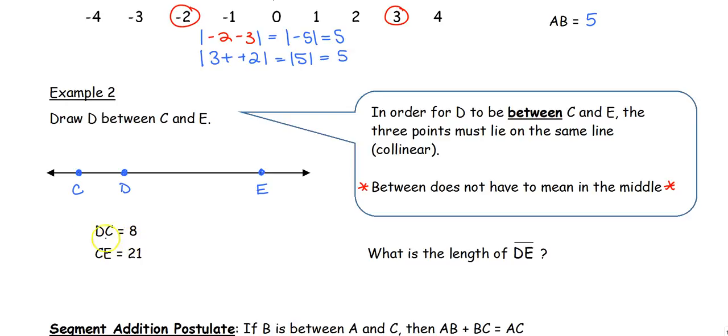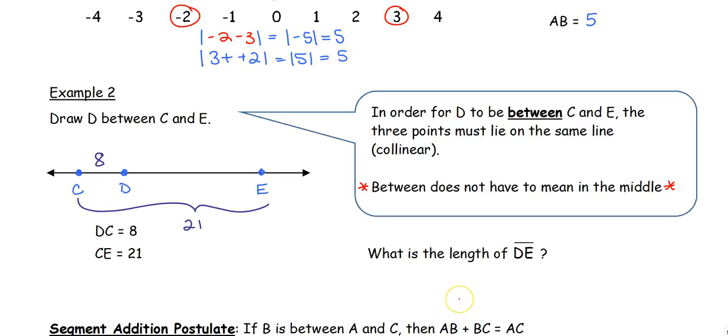So I'm giving you the fact that DC, the measure of this segment, is going to be 8. And I'm telling you that the measure from C all the way to E has a measure of 21. Now what I want you to do is find the length of DE. I want you to find the length of that segment. What do you think?